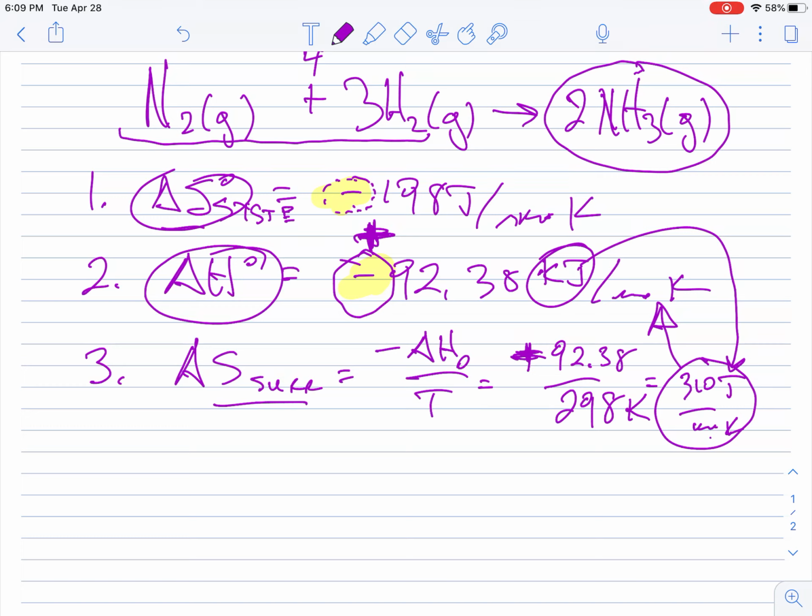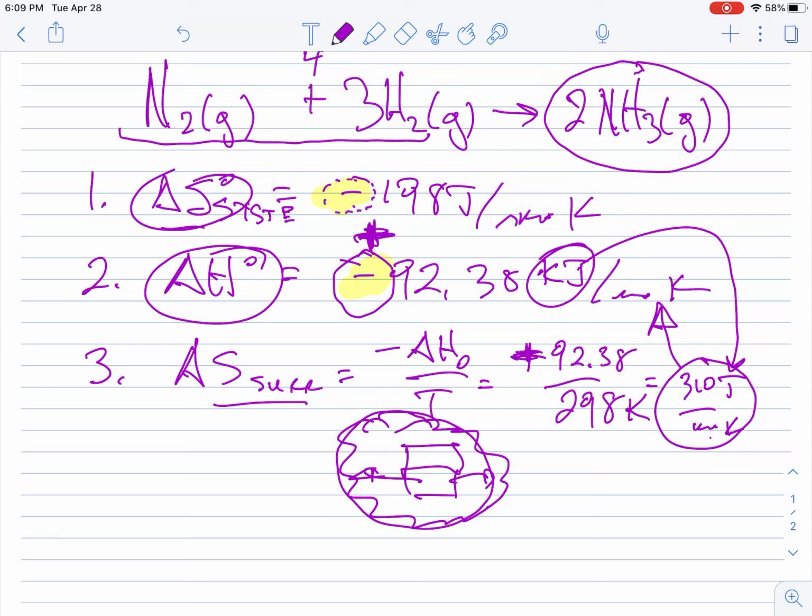So the area around where this reaction is taking place, in some vessel, is going to be gaining this energy, and it is going to be increasing in entropy. So the surroundings have an increase in entropy based upon delta H.